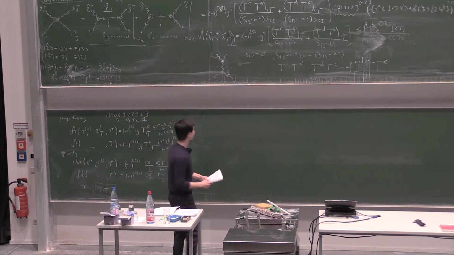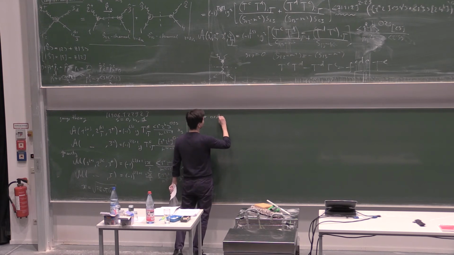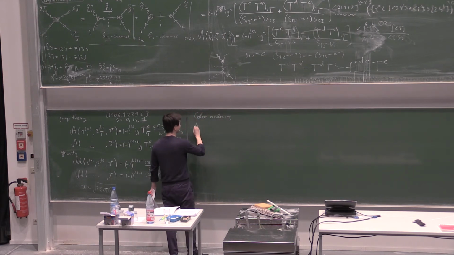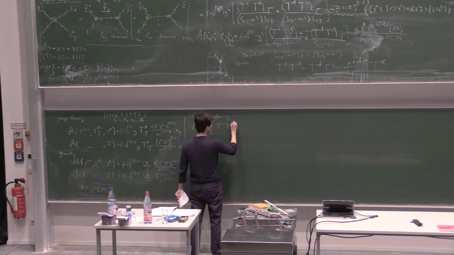Actually, let's do color ordering to them. So both of these amplitudes look like T, TC, TD.